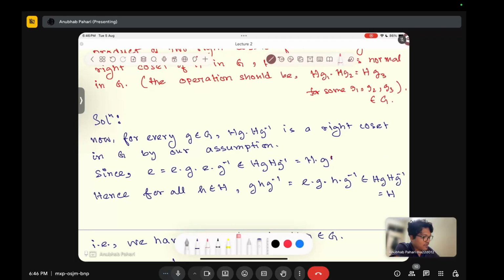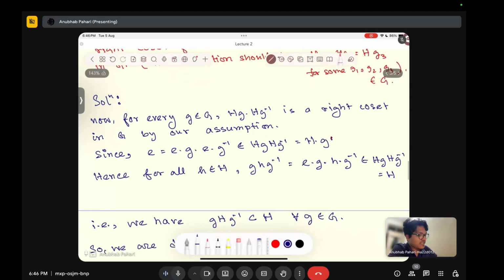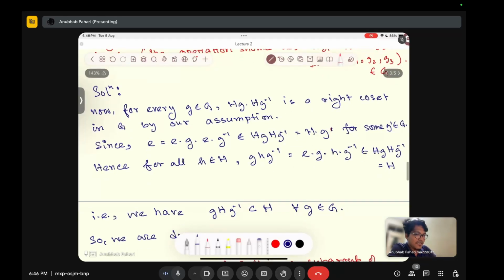I completely forgot this argument, which is why it kept getting messed up in my head. Okay, so we have done that: E belongs to Hg dashed for some g. Thank you, Sandeep, by the way, for saving my time and everyone else's time.